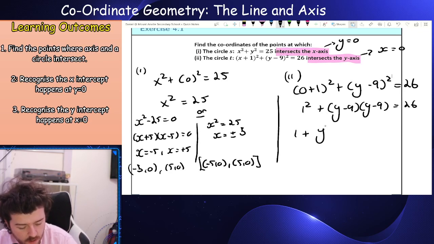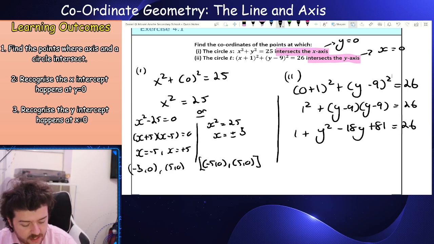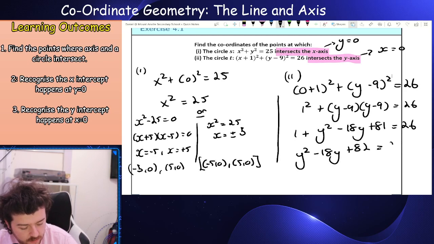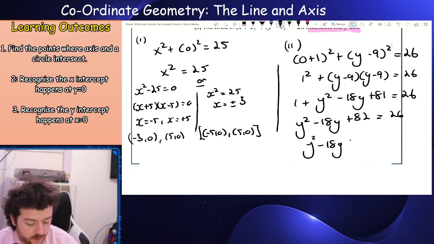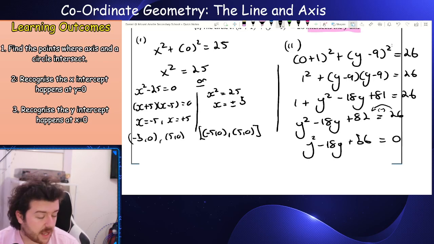1 plus y squared minus 18y plus 81 equals 26. I am going to have y squared minus 18y plus 82 equals 26. Bringing this 26 over, it becomes y squared minus 18y plus 56 equals 0. So now I have a normal quadratic.